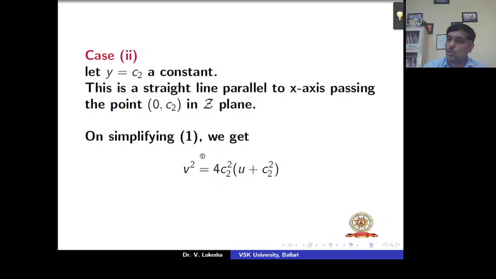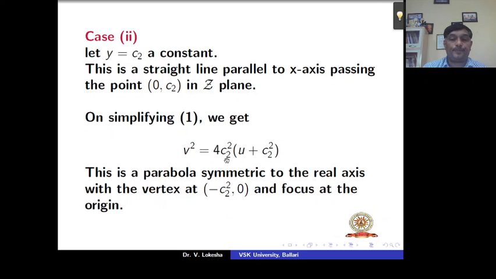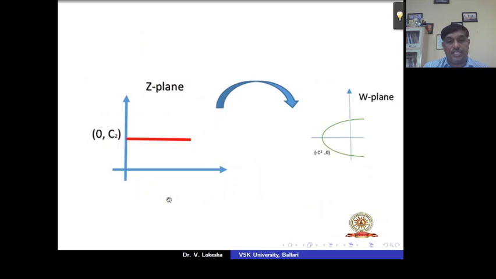Again it is also a parabola, symmetric to the real axis with the vertex at minus c2 square comma 0. Here plus is there, that's why minus, and the focus is at the origin. You can see here this is the z plane. After the mapping, it is a parabola, as you can see in the w plane.